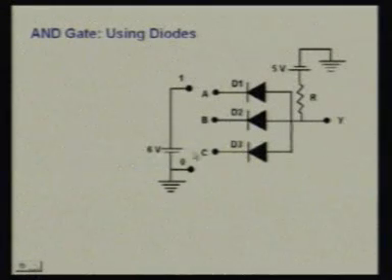Now why have we taken 6 volt here, not 5 volt? Suppose we would have taken 5 volt here, and we give all D1, D2, D3 as 1 state, so this is 5 volt and this is also 5 volt.